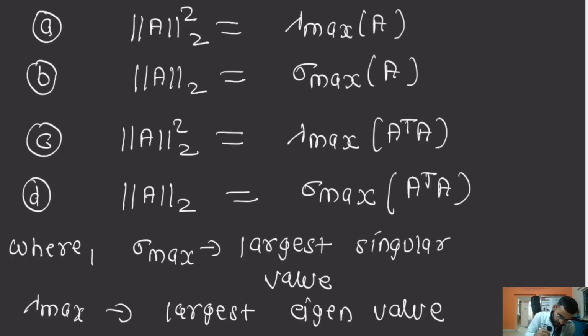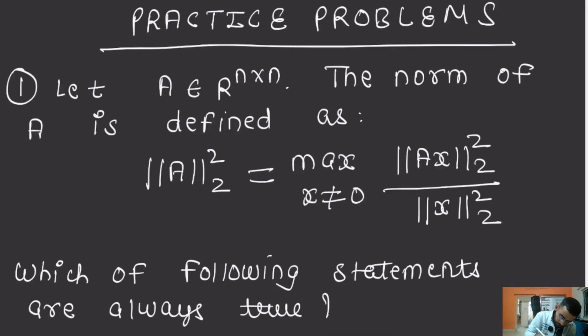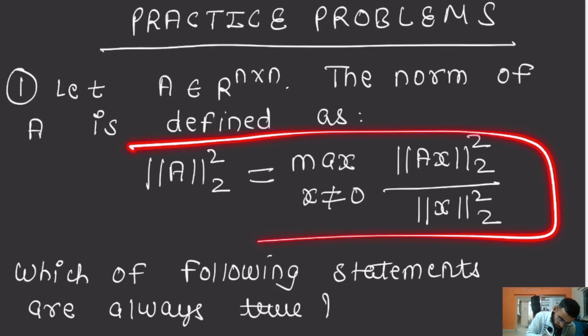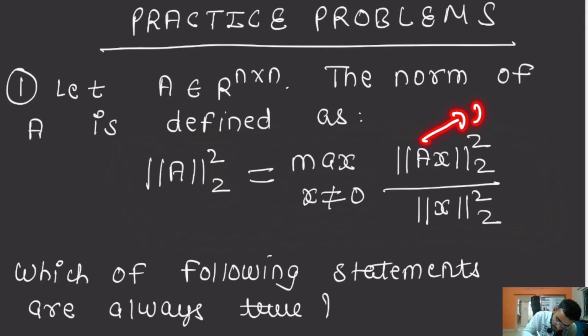So there is one hint. Let's see how we proceed with that question. Here we have the norm of A squared, a Euclidean norm, equal to the max over x not equal to 0. If we open this term, it can be written as x transpose A transpose A x divided by x transpose x.